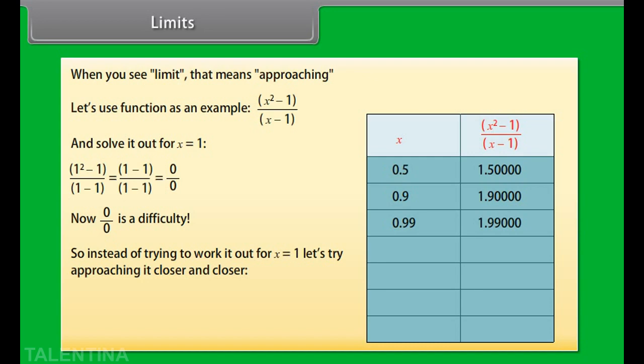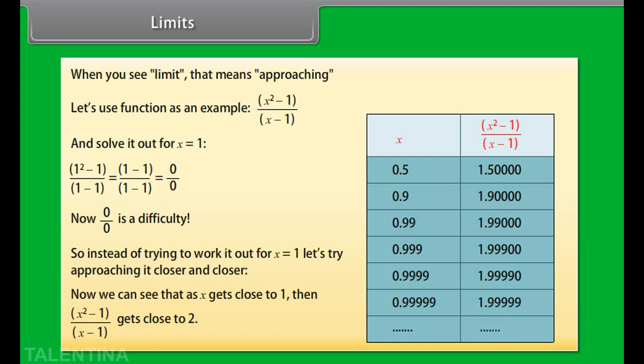For x = 0.999, it is 1.99900. For x = 0.9999, it is 1.99990. For x = 0.99999, it is 1.99999.